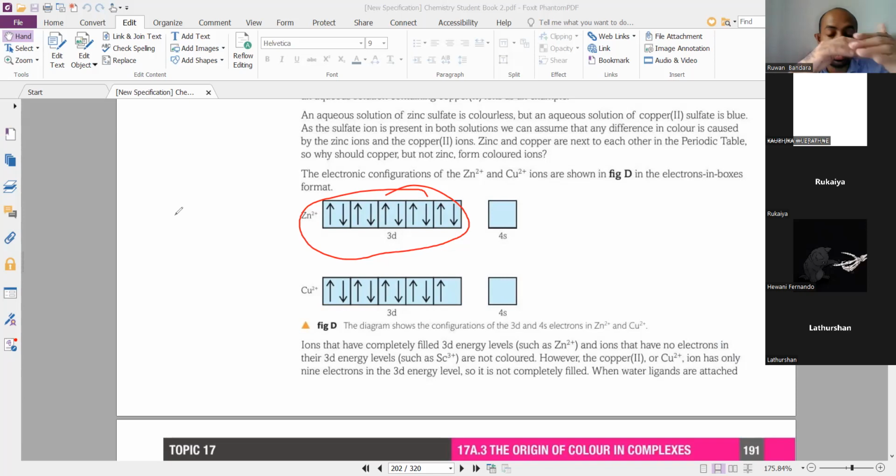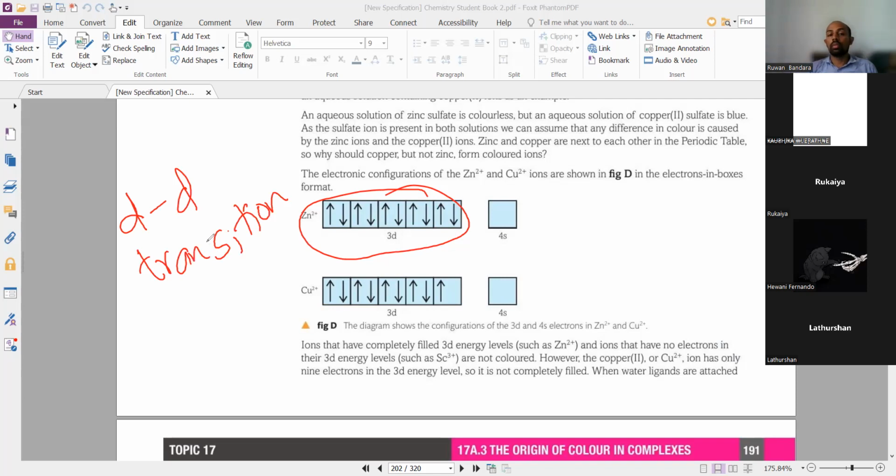So this electron transfer is known as dd transition. So here it's not possible even in scandium, right? It's not possible because there are no d electrons.